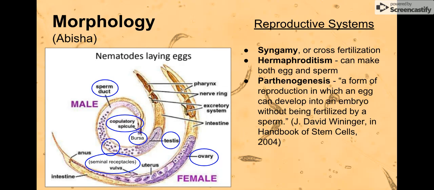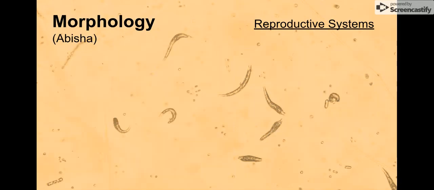I'm pretty sure that's where it needs to go. And then once the egg and sperm cells meet each other, they grow up in the uterus and form future nematode generations.